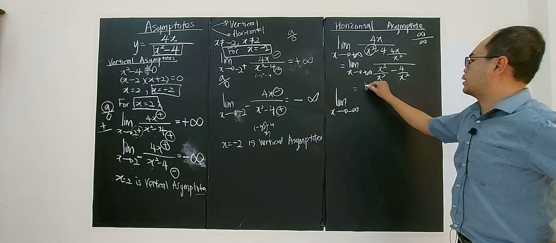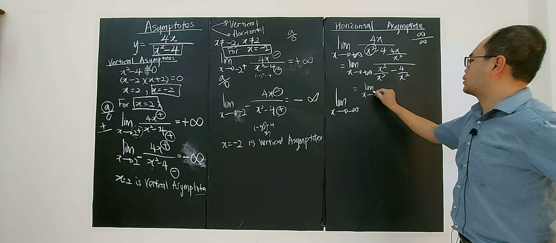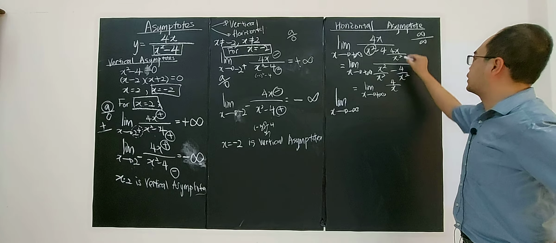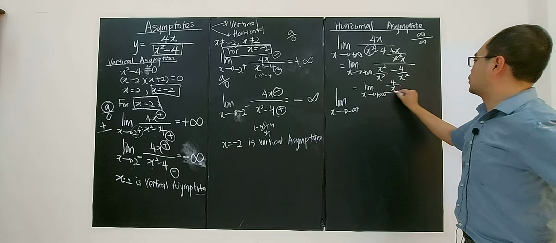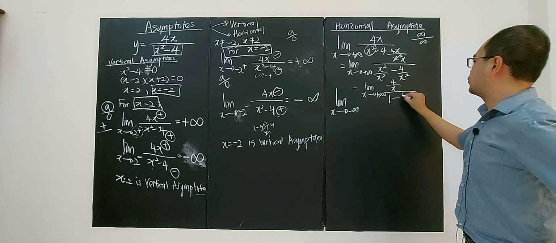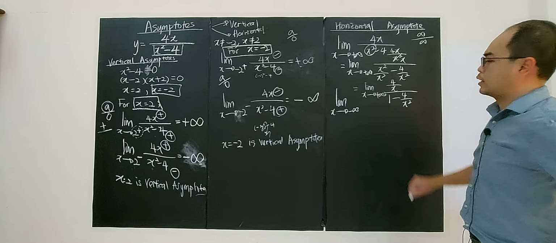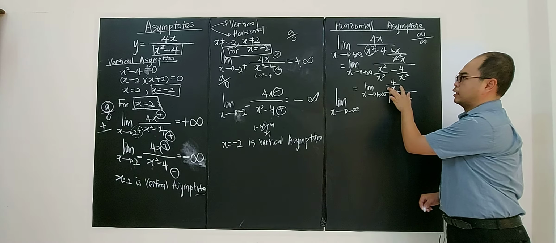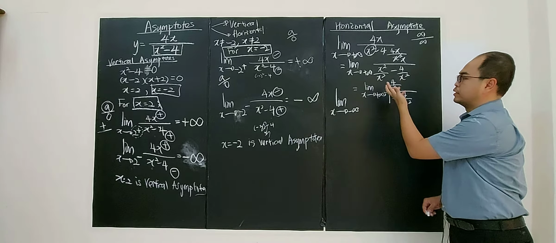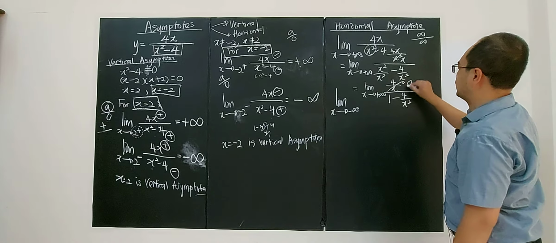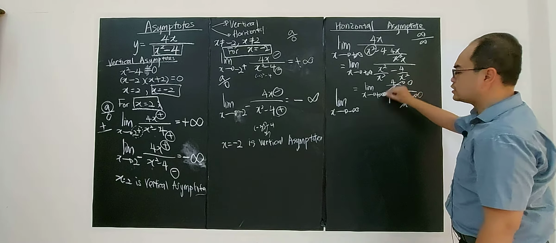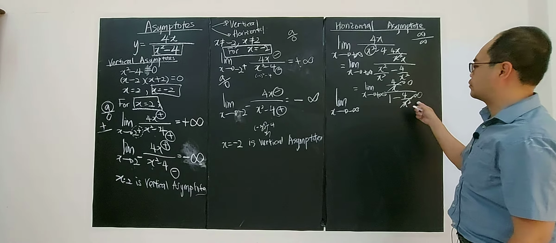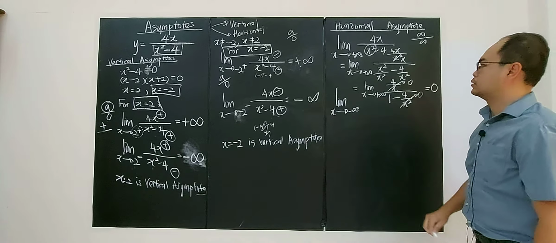Then you are getting the limit. This one gives 4 over x, over 1 minus 4 over x squared. Imagine x is a very big number: a small number divided by a very big number approaches 0. This is also approaching 0. So the whole thing is 0 divided by 1 minus 0, which is 0. So you get approaching 0 here.